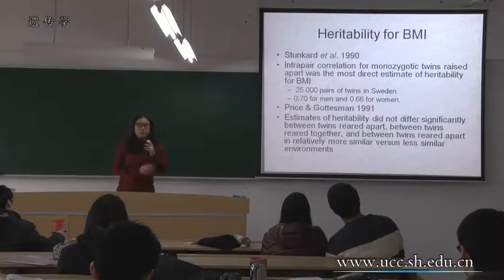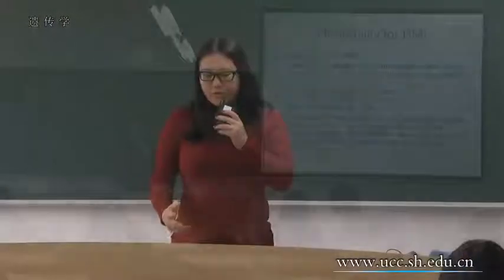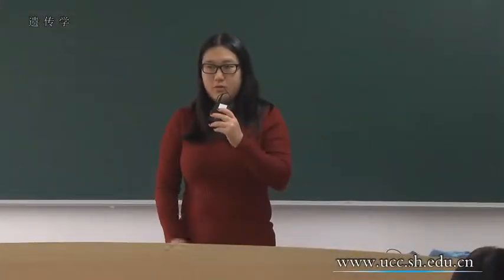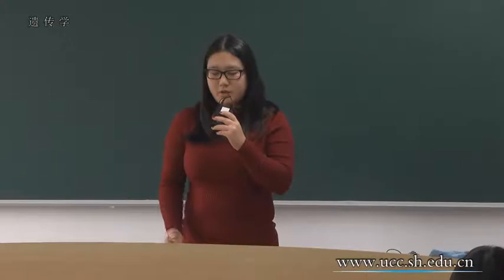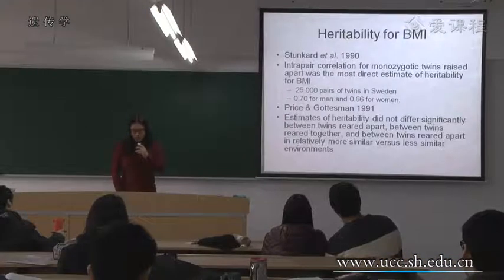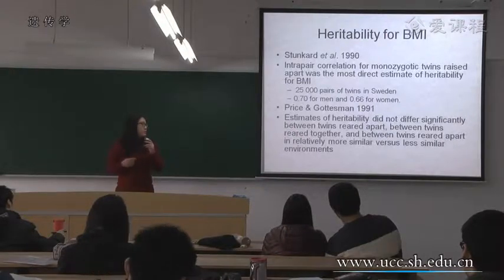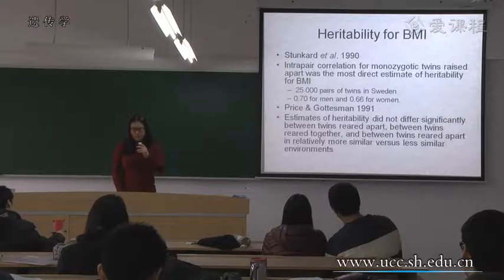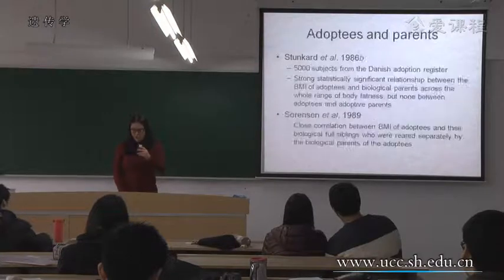So this shows that a very large portion of the factors for your BMI is caused by your genetics. It also shows that the heritability didn't differ for twins reared apart or together, or in relatively more similar or less similar environments.